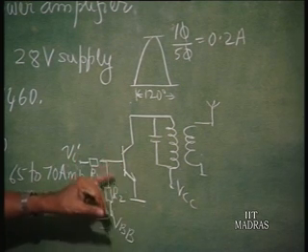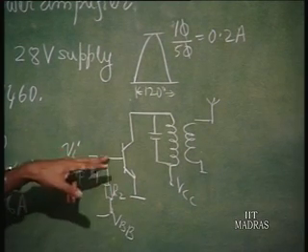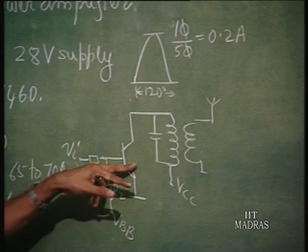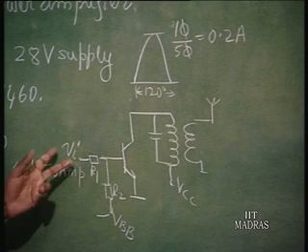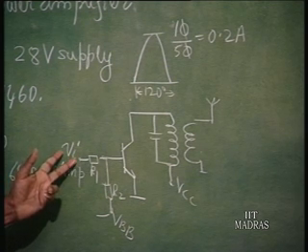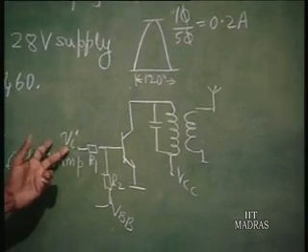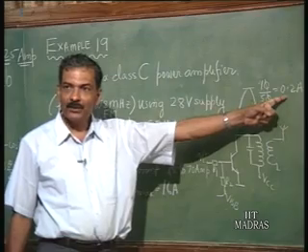So, if you take it as about 1 volt, then above 1 volt when it conducts you assume that it is a battery. That means, the entire current which is VI by R1 will be pumped into the transistor. So, you have to assume that this part of the waveform is going to be generated by a sine wave drive here with specific value of Vp. So, that Vp minus 1 divided by R1 is going to be your 0.2 amperes.